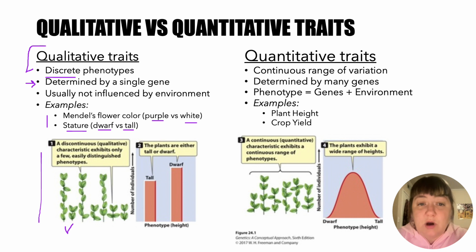On the other hand, quantitative traits. These show a continuous range of variation. So you often see that depicted by this bell curve or normal distribution here. So on this chart here, you basically have the phenotype, in height, and this is the number of individuals. So most individuals are in the middle, but there's some that are tall and some that are small.